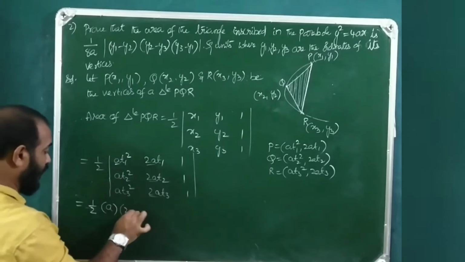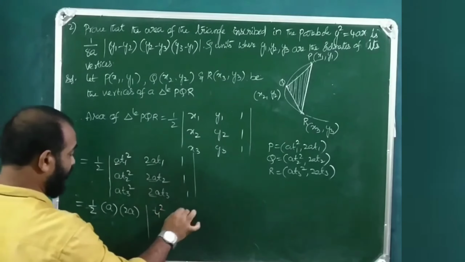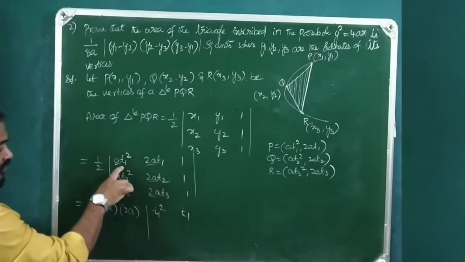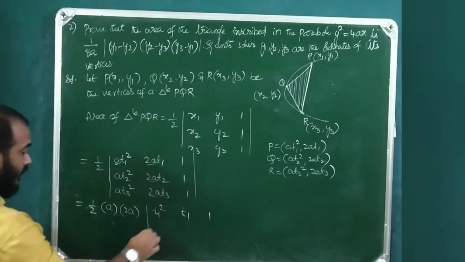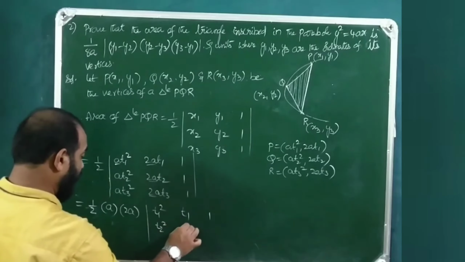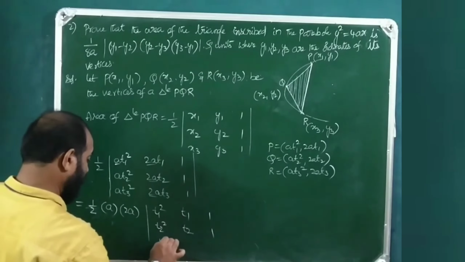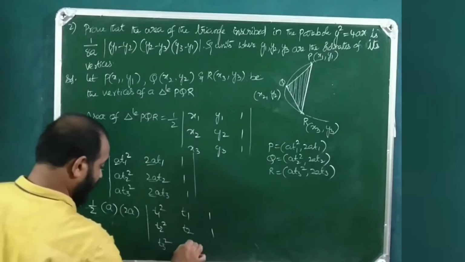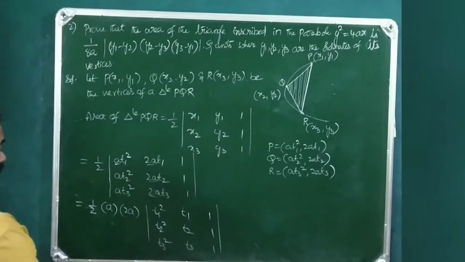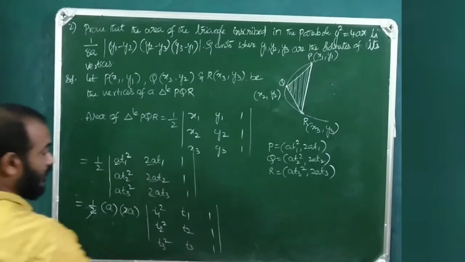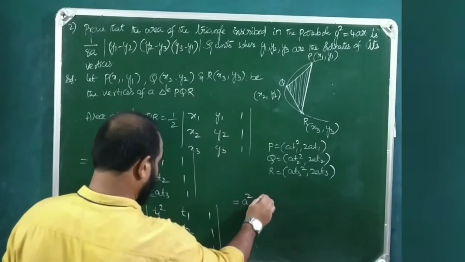So A into 2A, if I take A common here, then we are left with T1 square, T1, 1; T2 square, T2, 1; T3 square, T3, 1. This is equal to, 2 gets cancelled here. This is equal to A square into.